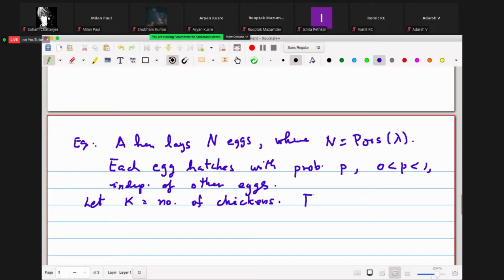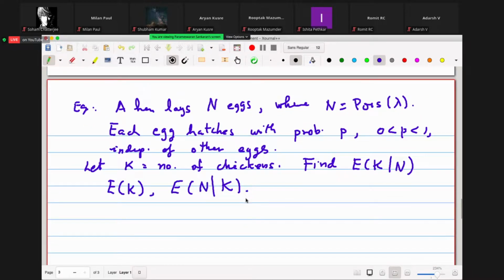So find the expectation of K given capital N, the expectation of capital K, and the expectation of N given capital K. All right.